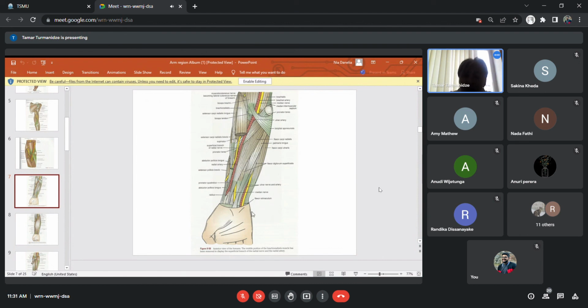If pus spreads into this space, it may spread by fat connective tissue spaces to the upper regions of the upper limb.